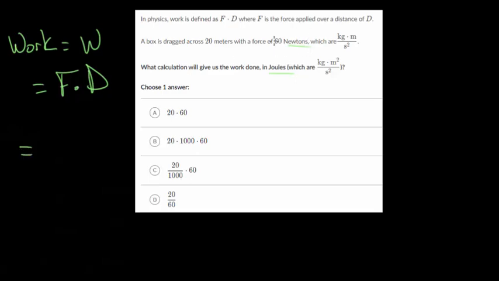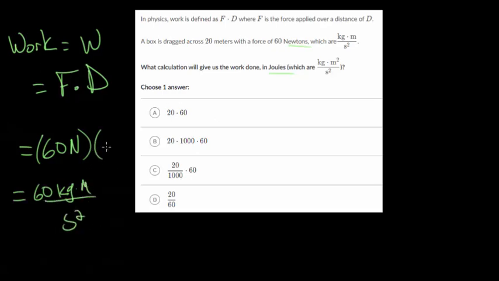So our force, we're told, is 60 newtons. Remember, force is given in the unit of newtons. And you might remember from a previous problem, a newton is a kilogram times meters per second squared. And then we're going to multiply it by a distance of 20 meters. So we're going to end up with another meter here, so it ends up being meters squared, times 20. And that's how you get these units for work, or for joules.